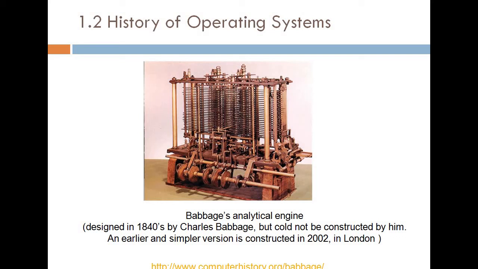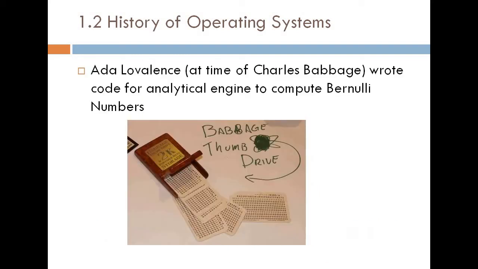A simpler earlier version was constructed in 2002 in London. Then Ada Lovelace, at the time of Charles Babbage, wrote code for the Analytical Engine to compute Bernoulli numbers.